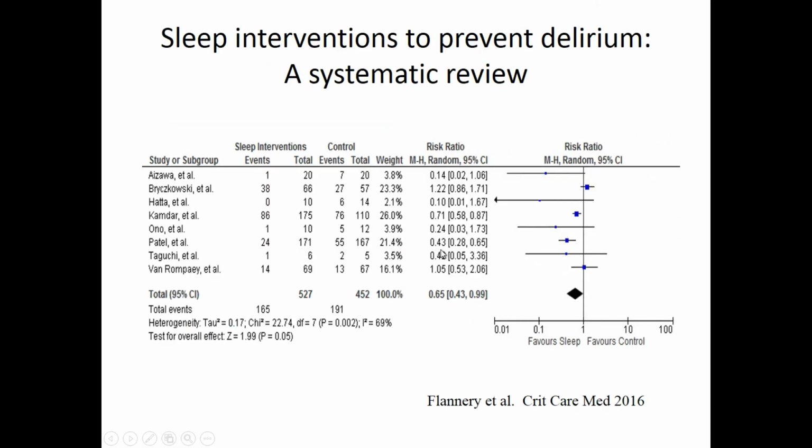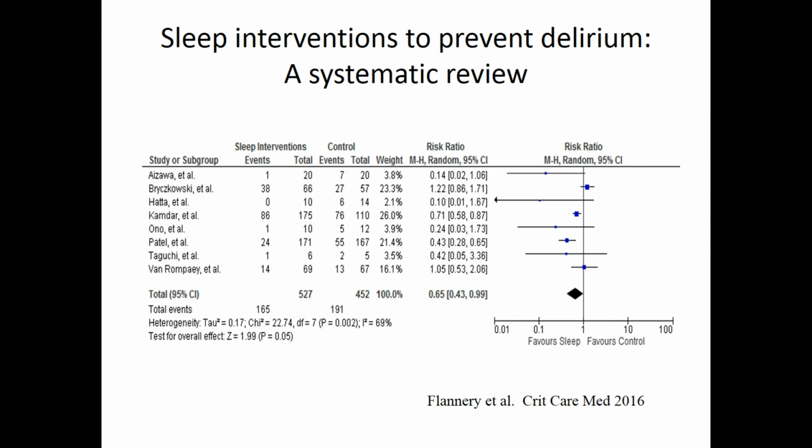In one recent systematic review, the 8 or so articles that looked at interventions to improve sleep and how they affected the incidence of delirium were summarized. And you can see here that there was a fairly strong tendency showing that those interventions aimed at improving sleep reduced the incidence of delirium. And this has been suspected for some time, that helping people to sleep might help patients cognitively and might improve their chances of not developing delirium.